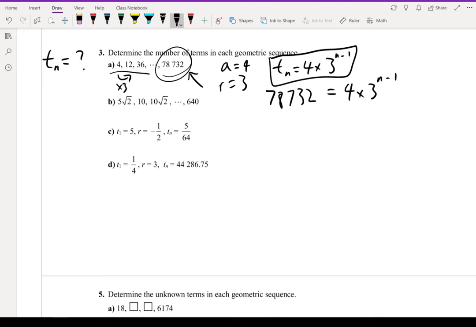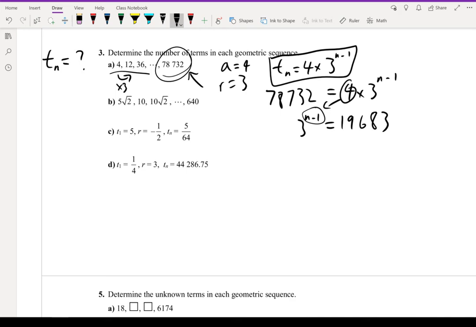And then we can do a little bit of algebra, move that 4 to the bottom. 3 to the power n minus 1 is equal to 78,732 divided by 4, that's 19,683.